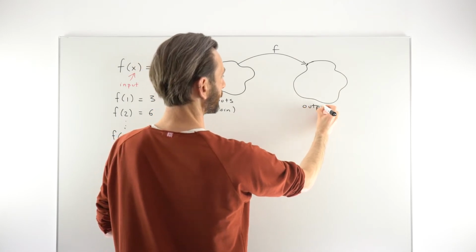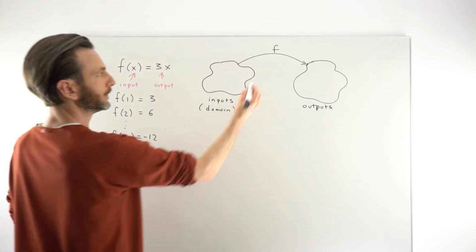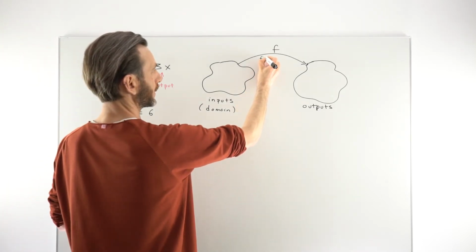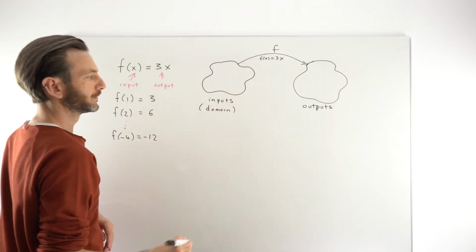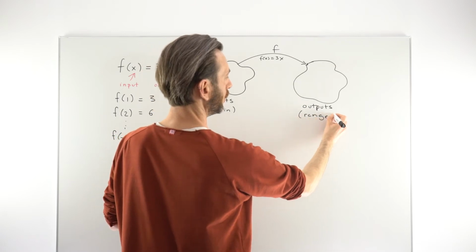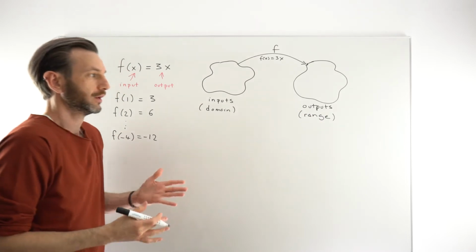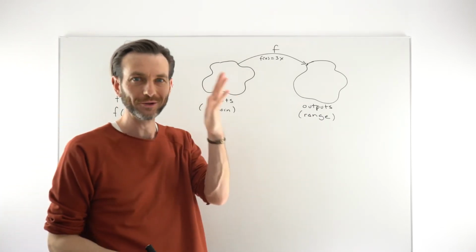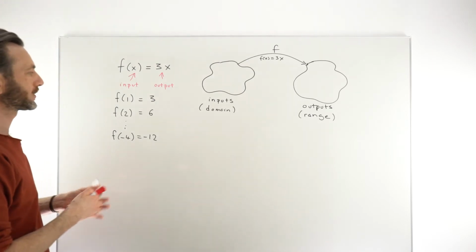So to take the example that I just looked at, 3x, we would write f of x equals 3x up there. And I'll just give this its fancy name as well, which is the range. Don't worry too much about domain and range. I'm just putting those out there now so that you have them in your mind already, but you can just think of them as inputs and outputs at this point. So let's take some of the examples we had.